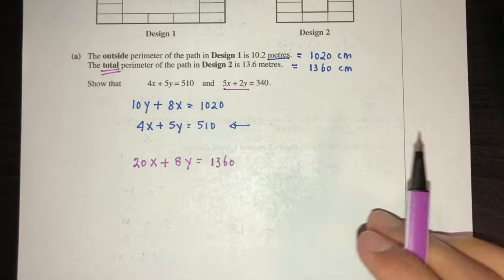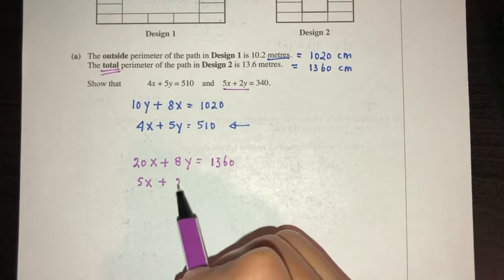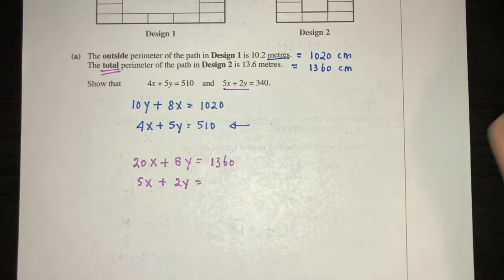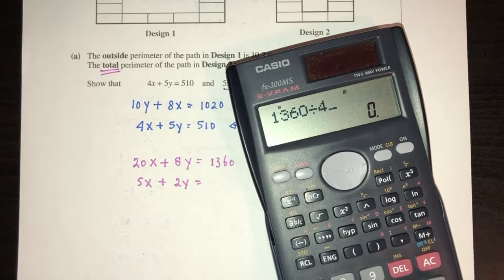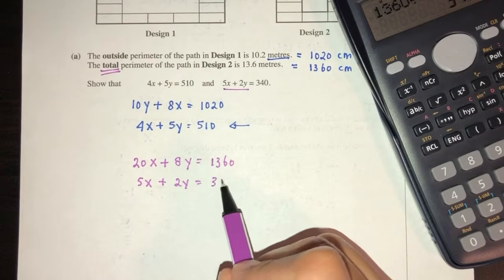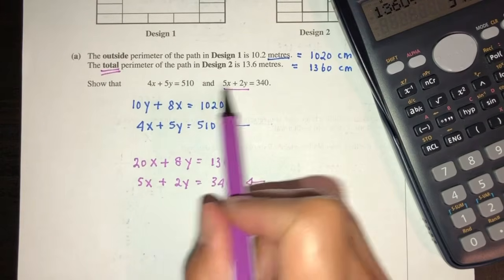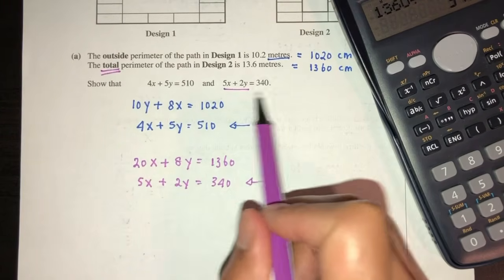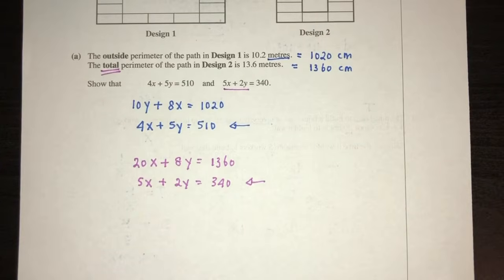Now we can divide everything by 4. You will have 5x plus 2y is equal to, what is 1360 divided by 4? That will be 340. So those are the 2 equations that we have. The first one is right here, and this one is right here. That is the 2 equations shown as required.